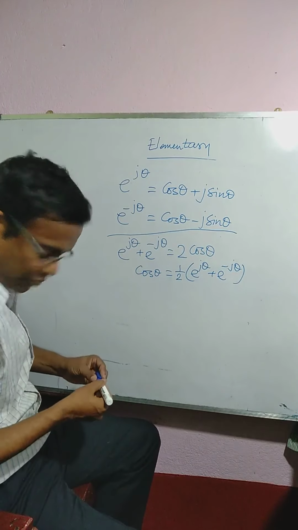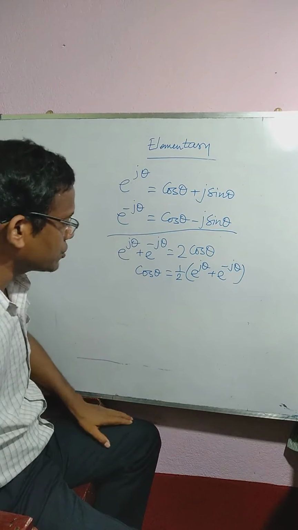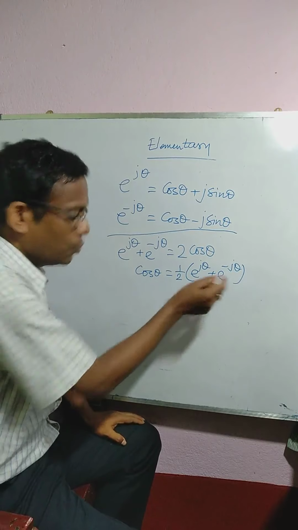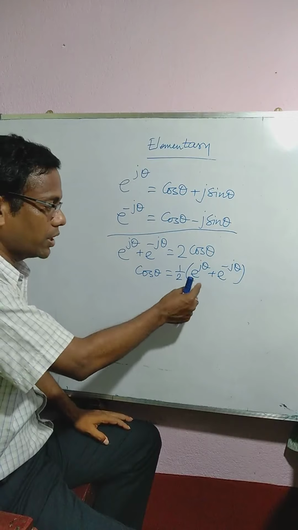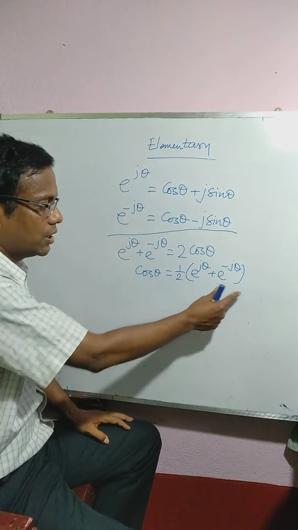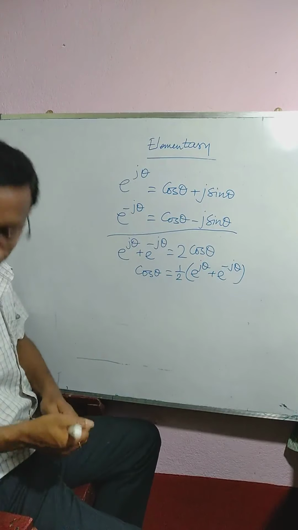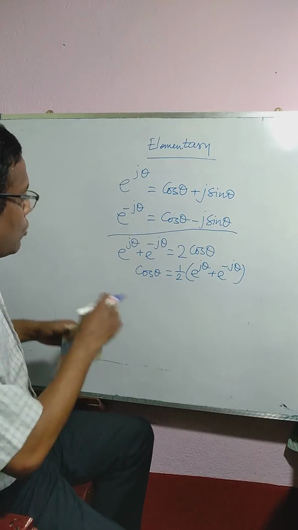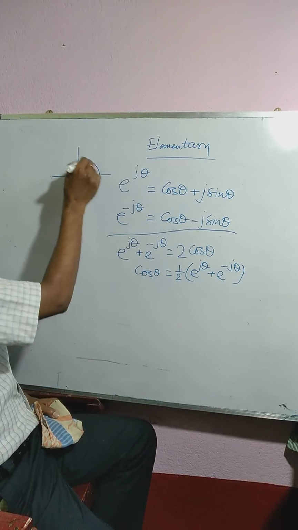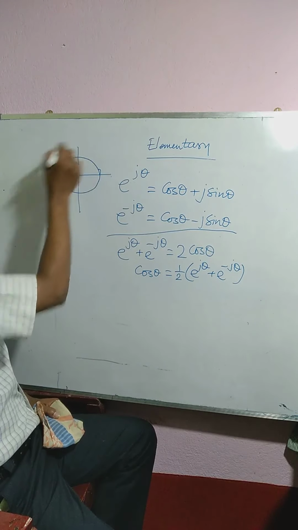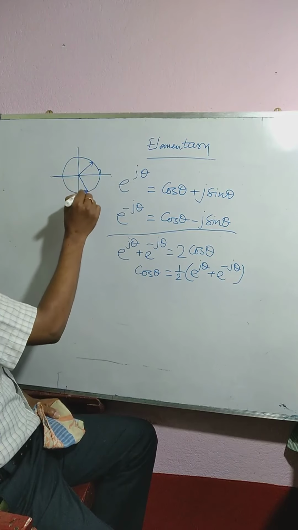Okay. From here, we see that the cos theta part has two complex exponential parts. One is half e to the power j theta and another is half e to the power minus j theta. Now if we plot how it looks, this is the real part, this is the imaginary part, e to the power j theta, e to the power minus j theta.